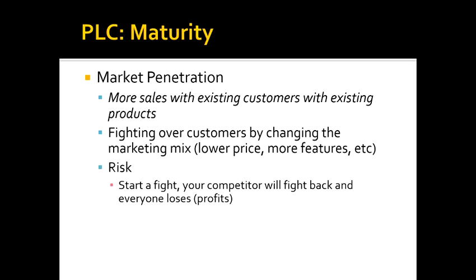So there's always a risk, especially using market penetration in maturity, because the competitors that are left are all strong. They survived the market shakeout. They should be in pretty good position. They're unlikely to not do anything. They're more likely to fight back, and when they fight back, everyone loses profits.